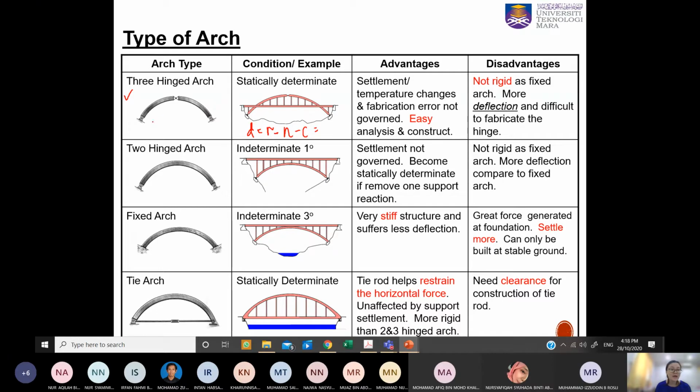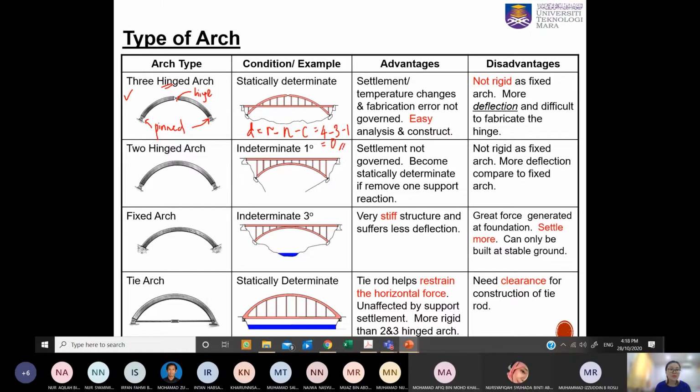In this case we have a beam because we have three hinges. This is also a beam, and this normally we call a hinge. So now we have R is 4, N is 3, and C is 1 for the hinge.